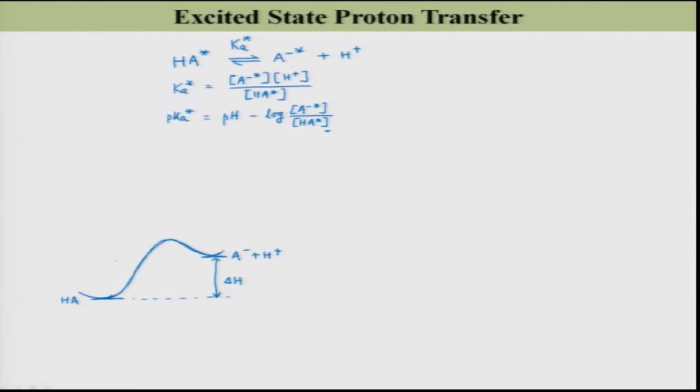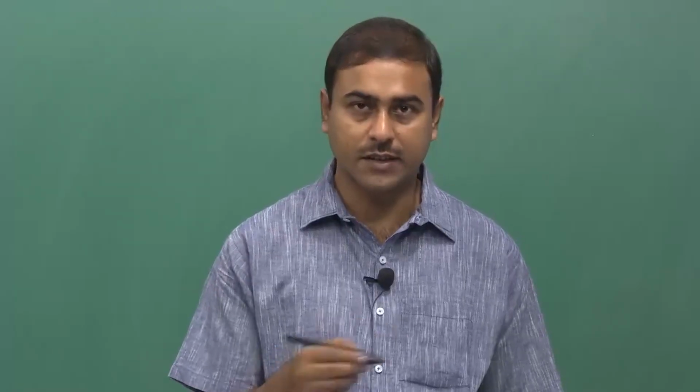The excited state is something like this. And here is my state, this is my HA star, and let us say you have used h nu prime, this nu prime is the maximum frequency for this absorption.